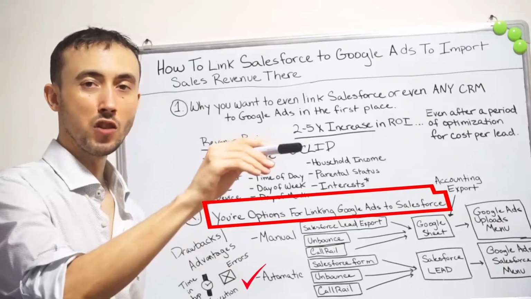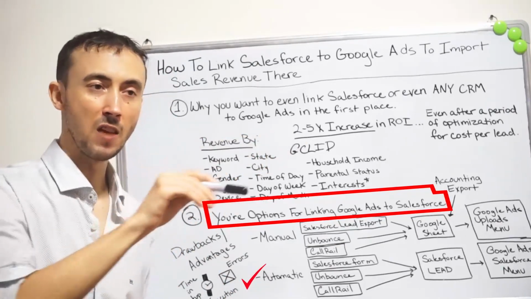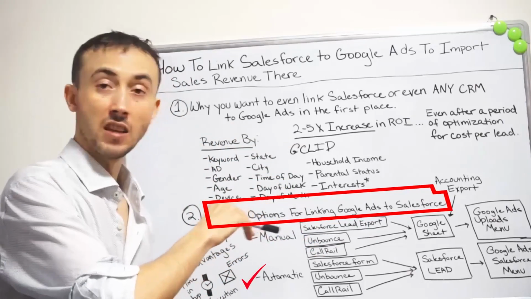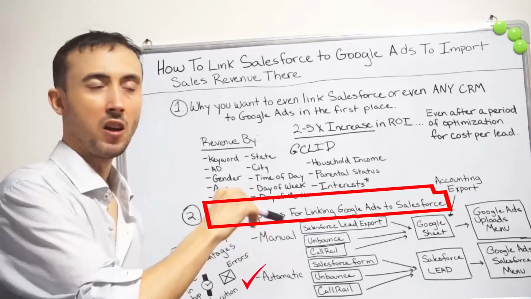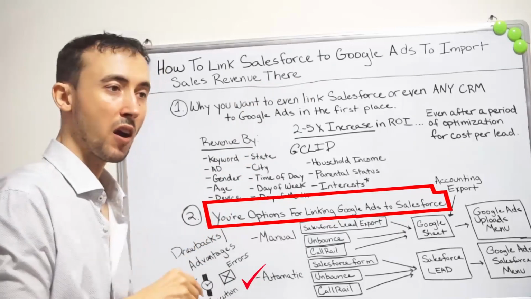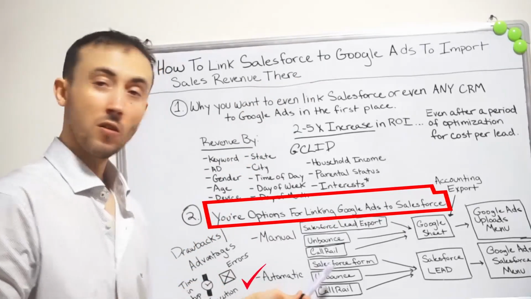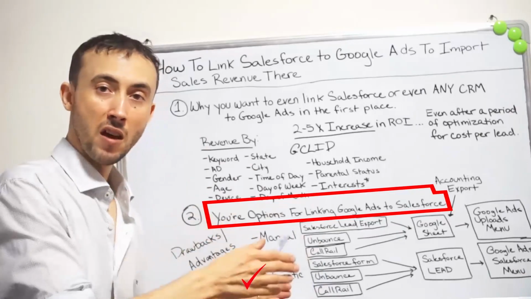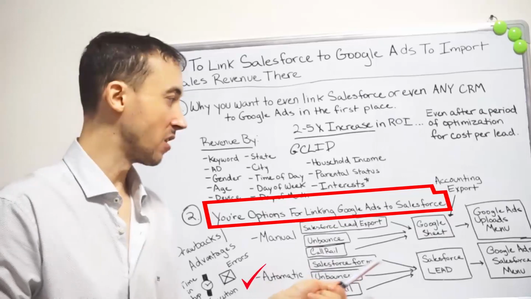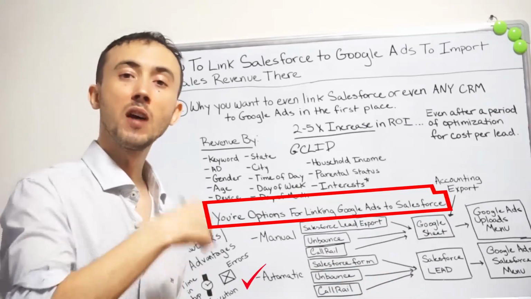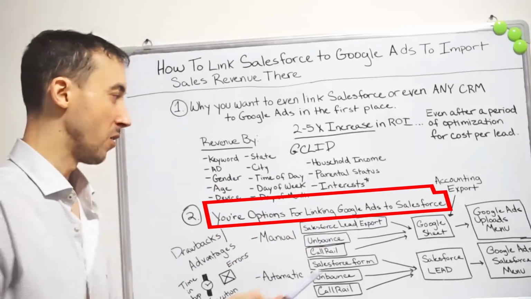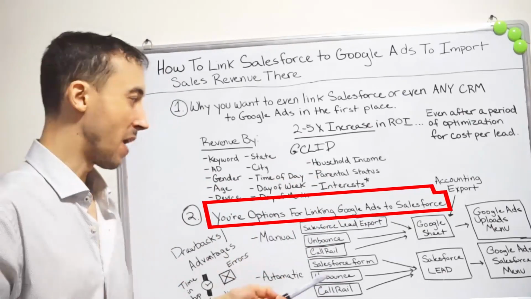For offline conversion tracking, there's a snippet of code they give you to add to your forms on your site that will then, as a hidden form field, as I kind of talked about before, collect the GCLID code from the user's browser in the URL bar, so that when that user fills out the form and you get an email, that GCLID code is with the rest of that user's information. So when you go manually put it into Salesforce, you also have an opportunity to put the GCLID code in there that you got in your email, if you were doing that. But we're talking about an automatic setup here.